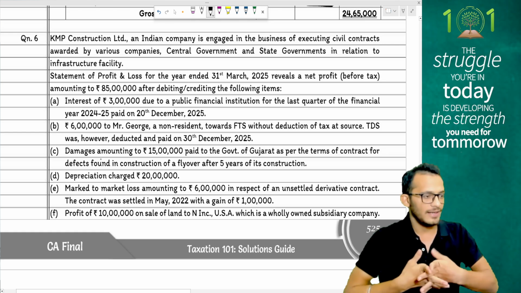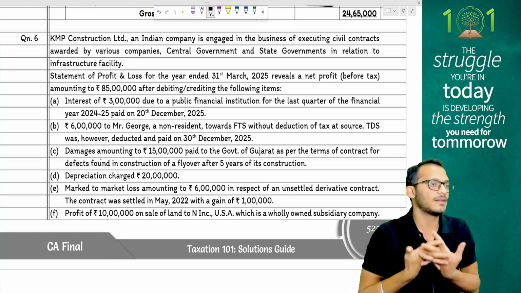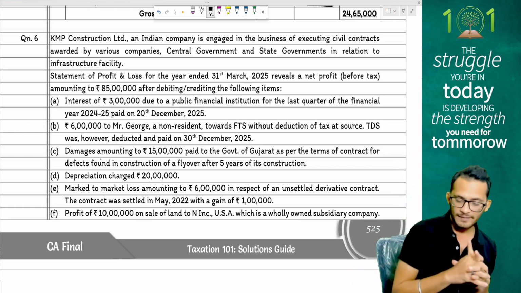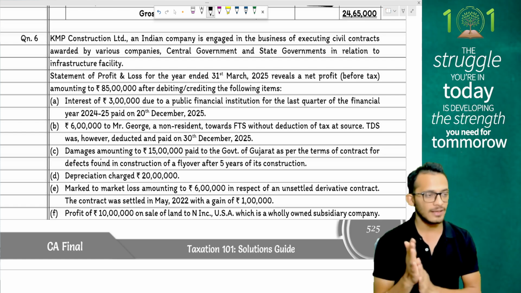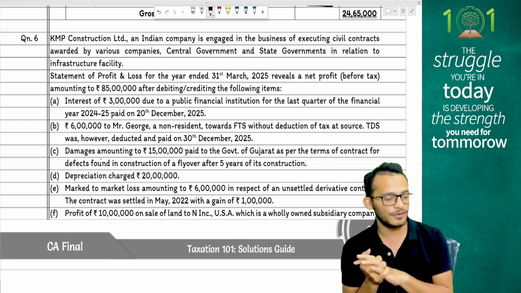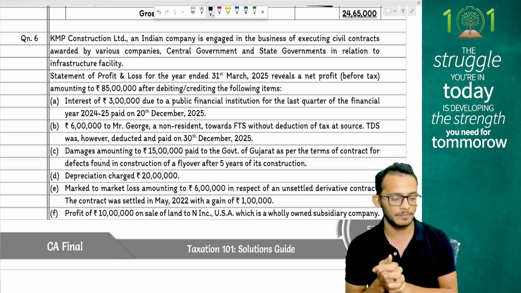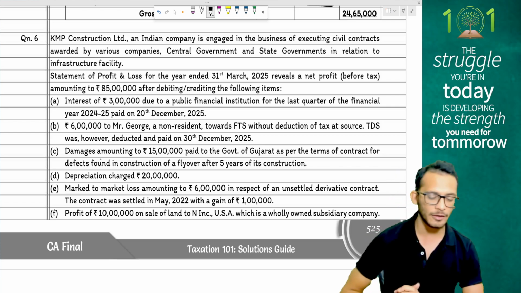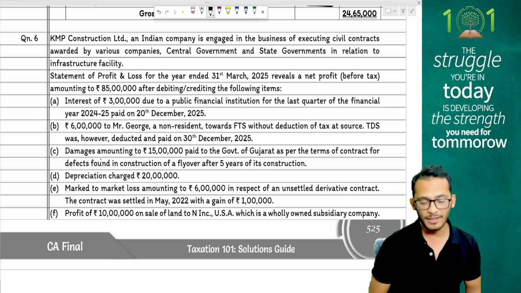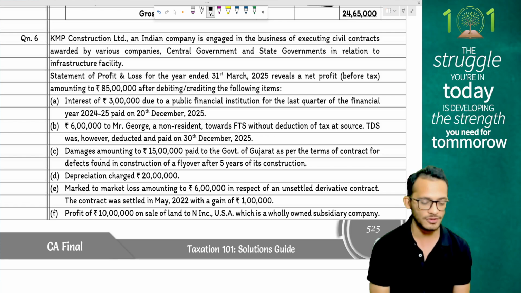Great. Enough discussions, people. Last two questions we are solving. The latest questions, people. I am looking at KMP Constructions Limited, an Indian company engaged in the business of executing civil contracts awarded by various companies, central governments and state governments in relation to infrastructure facility. The P&L has given you information of 85 lakhs after debiting and crediting the following items.